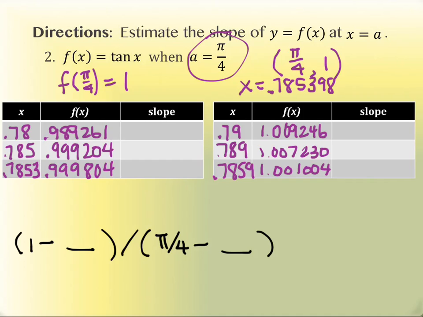Close the parenthesis and divide. And then we have pi over 4 minus the first x value, which is 0.78. And it's telling me that I have 1.989380.